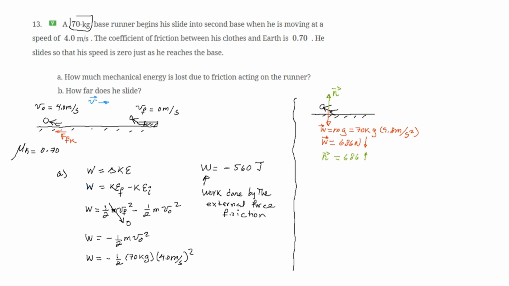Remember, you can get this from the sum of forces in y equal to 0, because there is no acceleration in y, so you say normal force minus the weight equals 0, so the normal force equals the weight. And that's why the normal force vector is 686 newtons up.